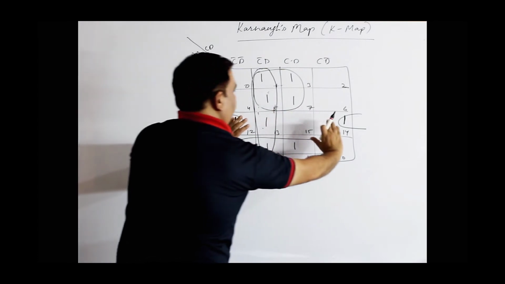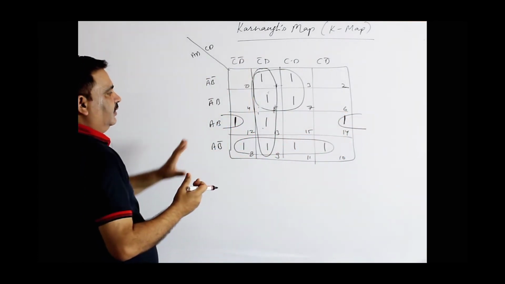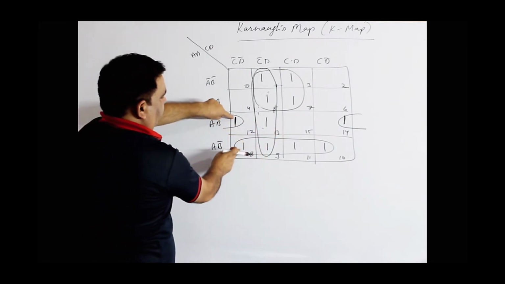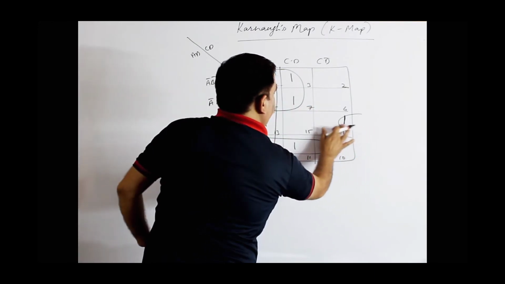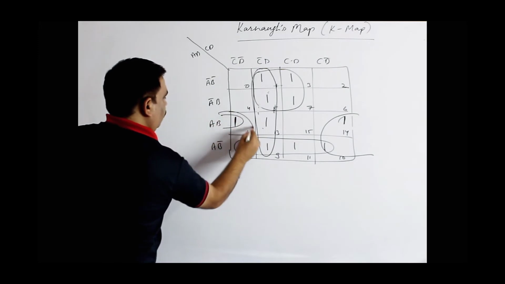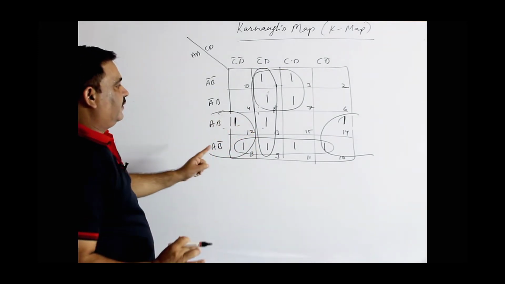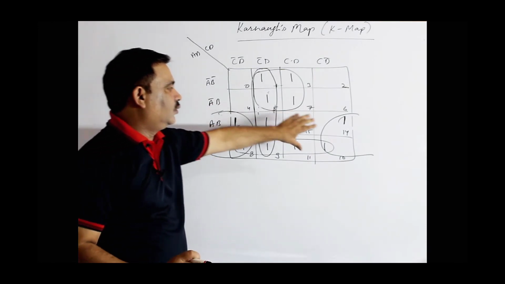You can form the pair like this. But when you see this example, 1 1 is here and 1 1 is also here, so you can form quads with these ones. So give preference to the quads. You can also form these quads.